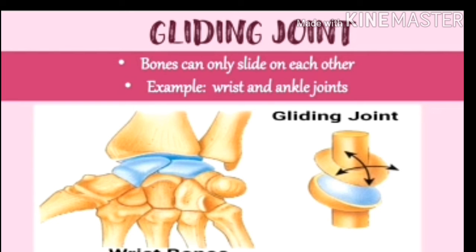Their bones slide over each other. So that is the example of a gliding joint. The same happens in the ankle joint as you rotate your ankle. The bones move over each other. So that is also an example of a gliding joint.